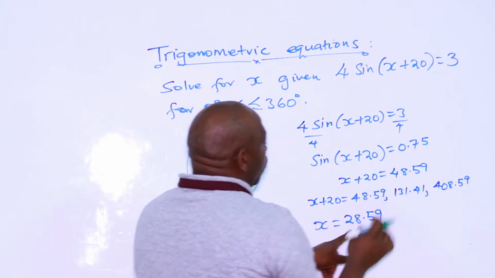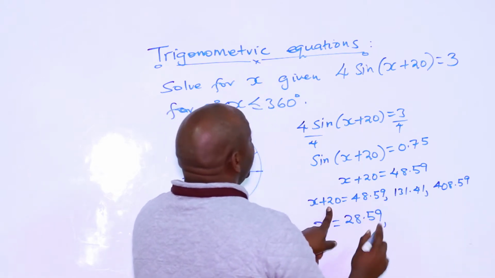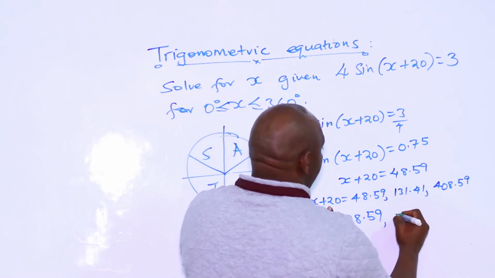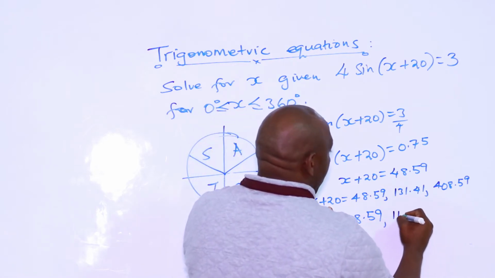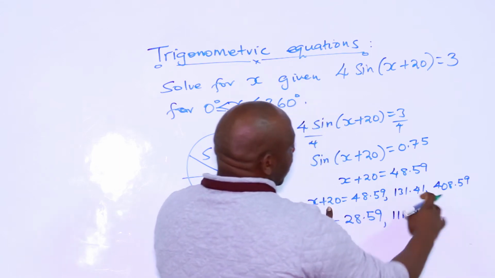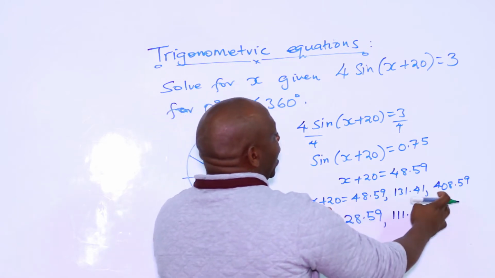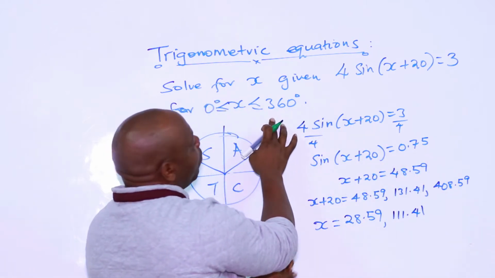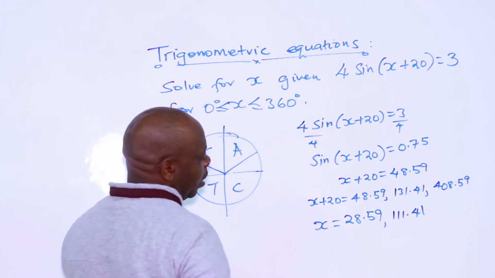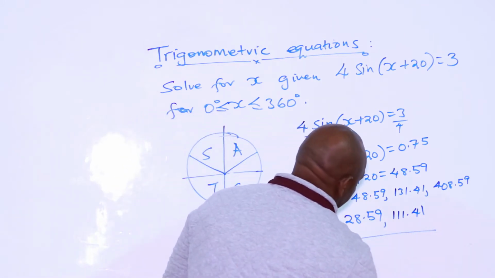The other value will be 131.41 minus 20 to get 111.41. Then 408.59 minus 20 will be greater than 360, and we want values between 0 and 360. And therefore, the value for x can only be these two here.